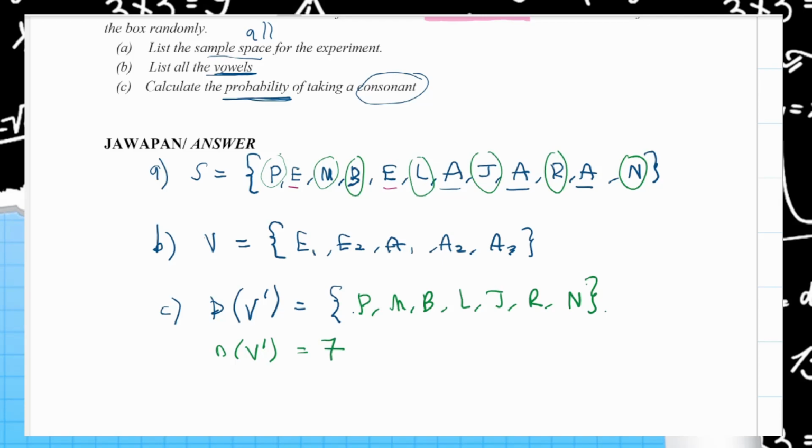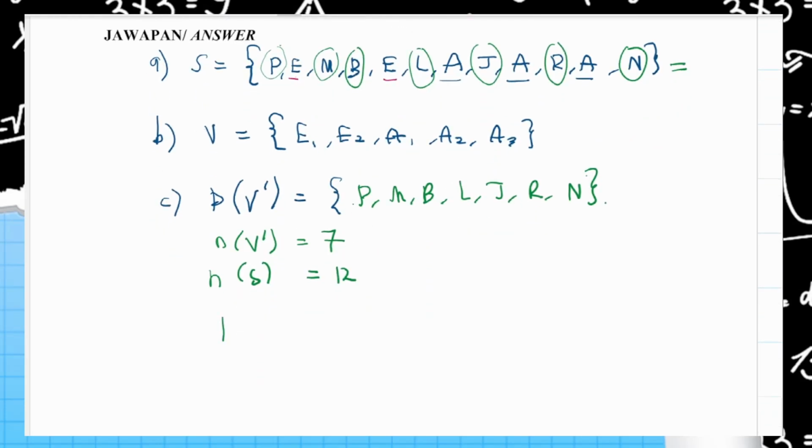Then the total from the sample space, we have 12. So our probability is equal to 7/12. Sorry, here should just be V prime.